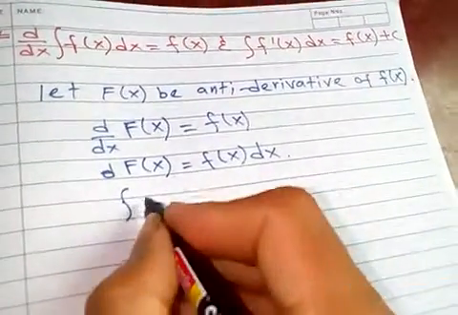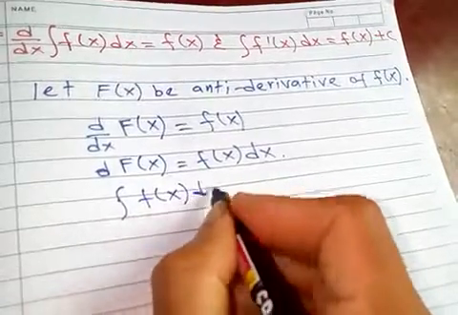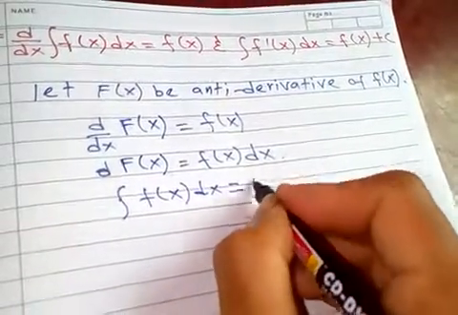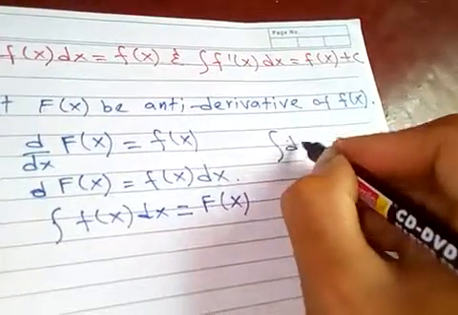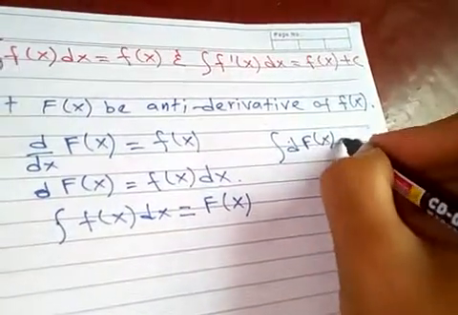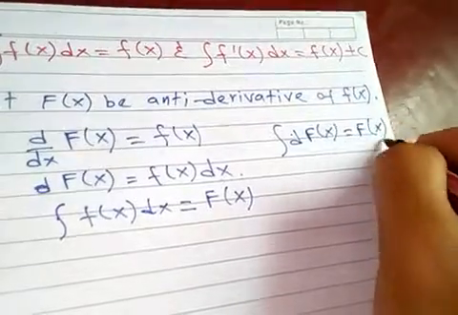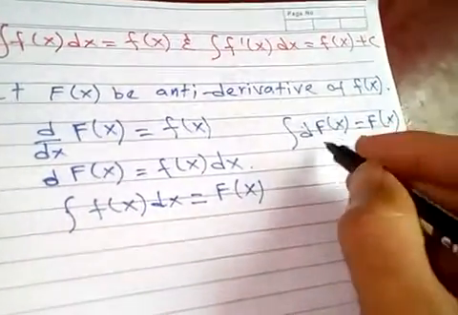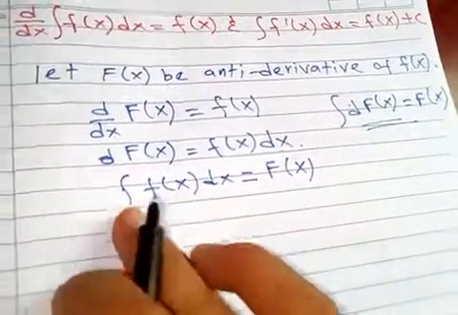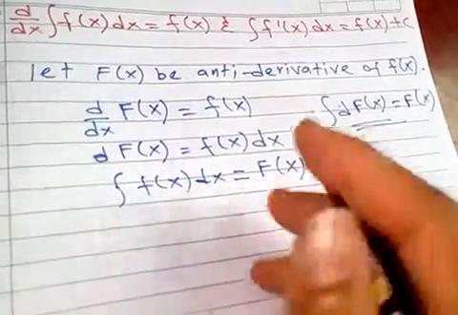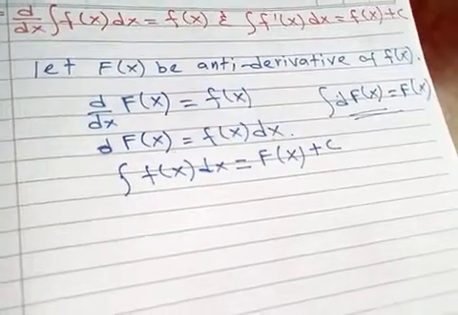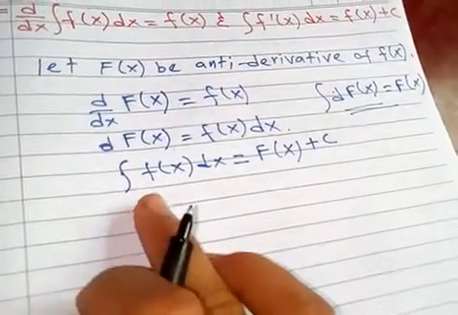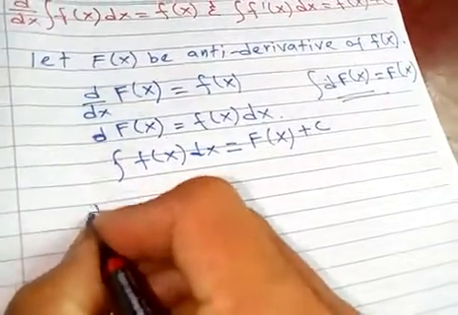Let me write for this one, it is nothing but F of x, because the integration of d F of x is just F of x. And since this integration is indefinite, you need to add the constant c.